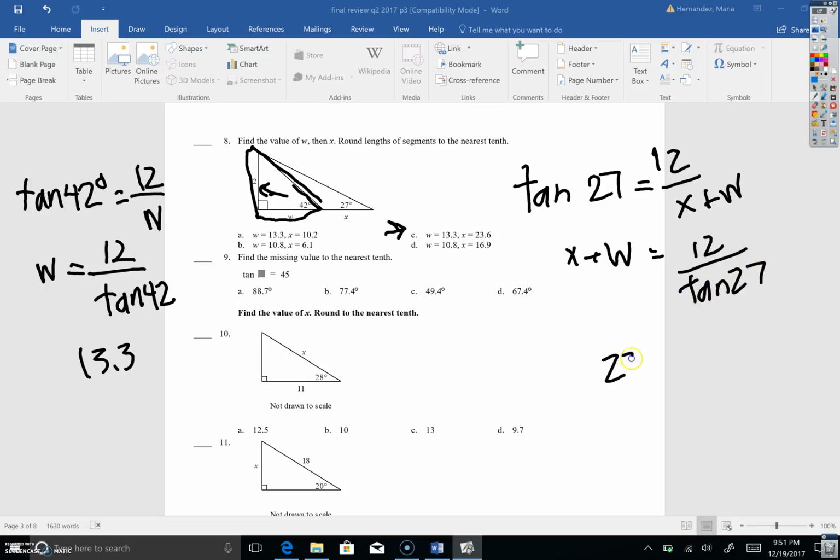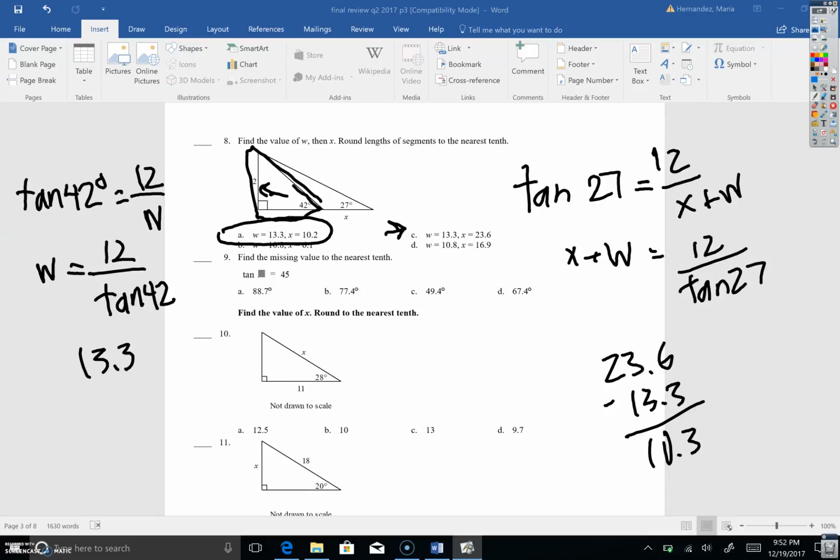When we do that, we get 23.6. But remember that this one right here, W is 13.3, so we just have to subtract. So we get 10.3. So our answer is actually A.